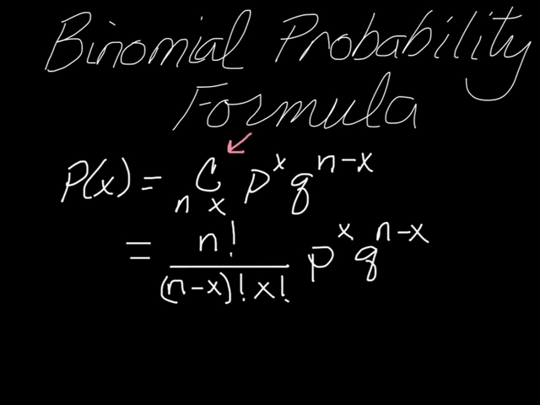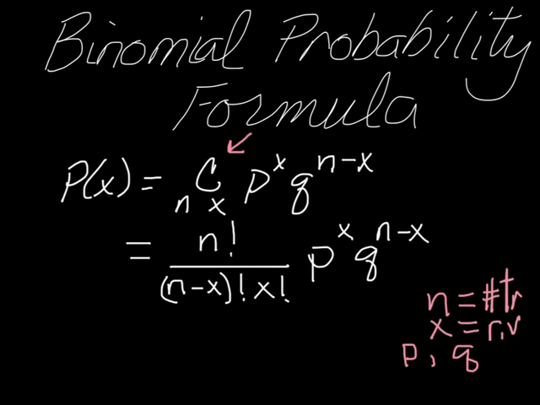So what we need to remember is n is equal to the number of trials in a binomial experiment, and x is your specific random variable, and p and q are the probability of success and the probability of failure. So we have the four variables that were used for a binomial experiment in yesterday's video.